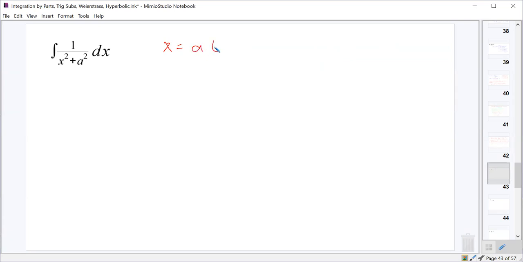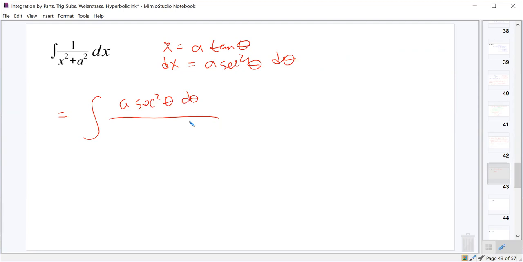It should be a tangent theta, which will tell us that dx is a secant squared theta d theta. And so we should be able to go in and call this an integral of a secant squared theta d theta over a squared tangent squared theta plus a squared.